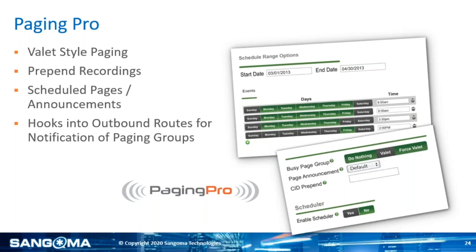And then also, this module will allow you to hook into outbound routes. And what people are looking for there and use that for is if someone calls 911, especially in a school setting, you can set it so a specific group of extensions or just an extension get a page over their phones that says extension 222 or whatever it happens to be just dialed emergency services.